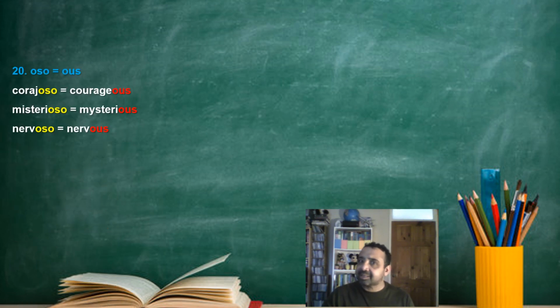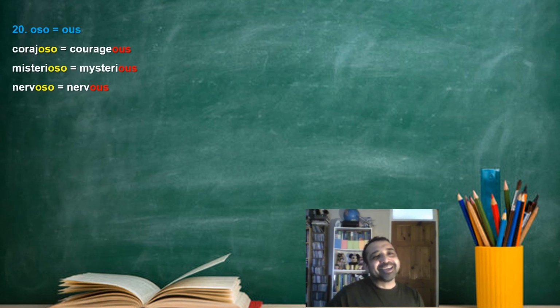Well, we're nearly getting to the end of it. Number 20 is "ous", which becomes "oso", like courageous, corajoso, mysterious, misterioso, nervous, nervoso.